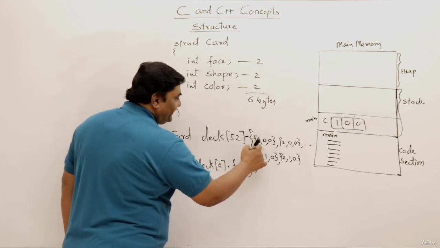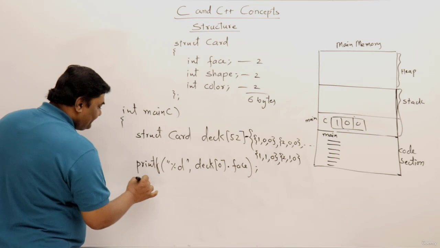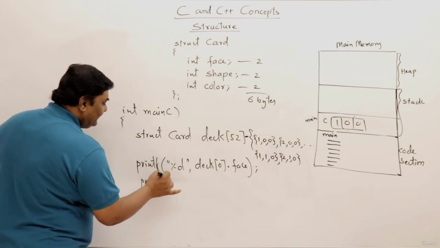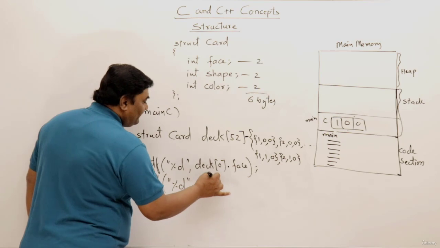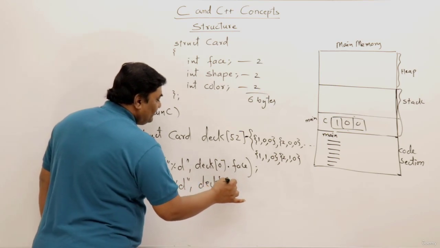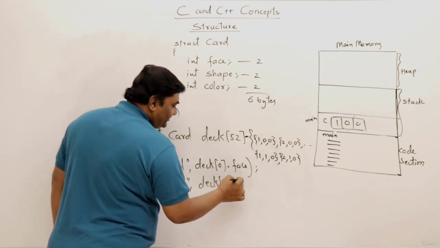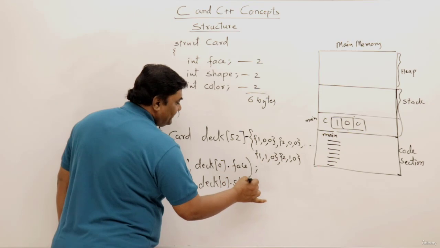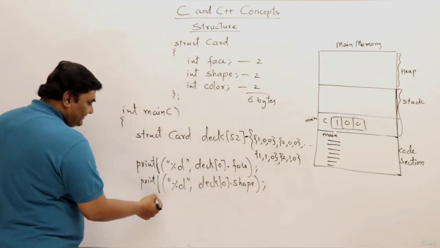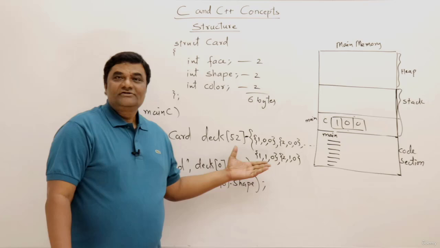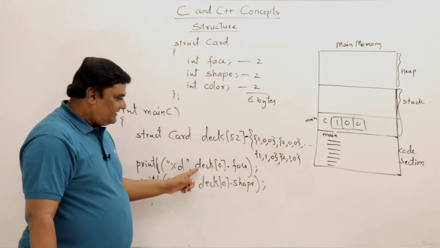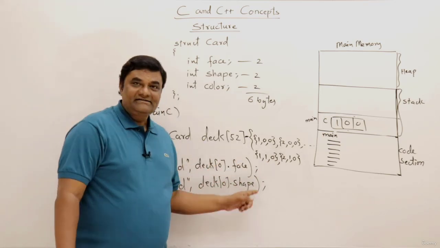So it will show face of this first card. Then printf next %d and deck of 0 dot this shape. So I can display shape. That's it. I can display other things also, like colors also I can display. So this is how, by using array name, then the index, then I can access it.